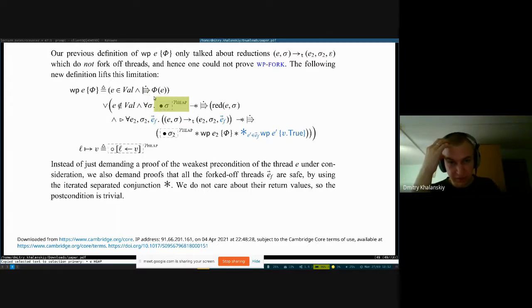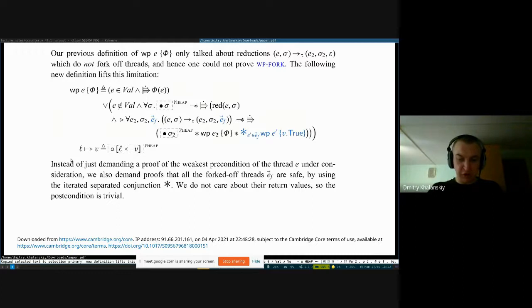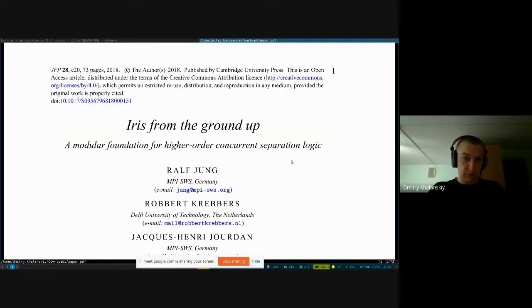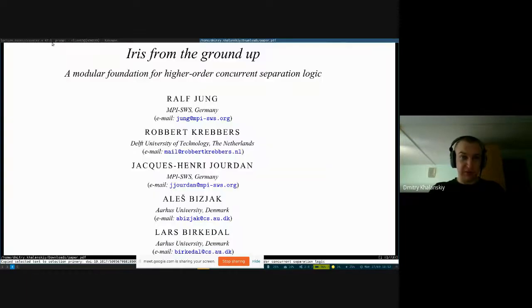The program heap is just another resource, an authoritative one, and the points-to connective is implemented as a fragment of that heap resource. If you are interested specifically in what all of this means, I heavily recommend that you read this document. It is beginner-friendly, not completely beginner-friendly. For that, I would recommend the Iris tutorial. But if you have some solid understanding of what separation logic is, then this document is the way to go.